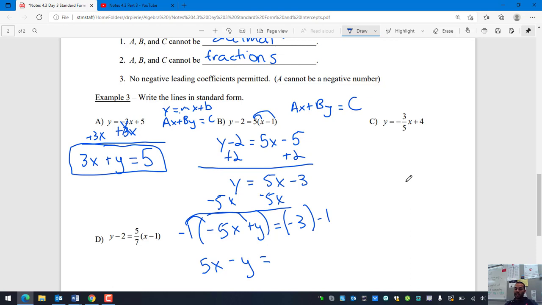So I multiplied my entire left side by negative 1, now I got to multiply my entire right side by negative 1. Negative 3 times negative 1 ends up equaling positive 3, and I'm good. Okay, go through your check one more time. Do you see any fractions or decimals? No. Are x and y on the same side? Yes. Is a positive? Yes, it is. This right here is in standard form.